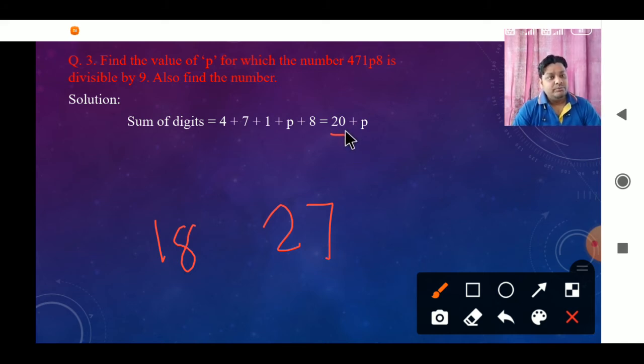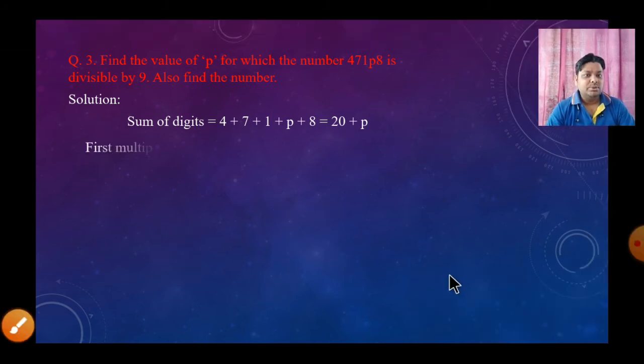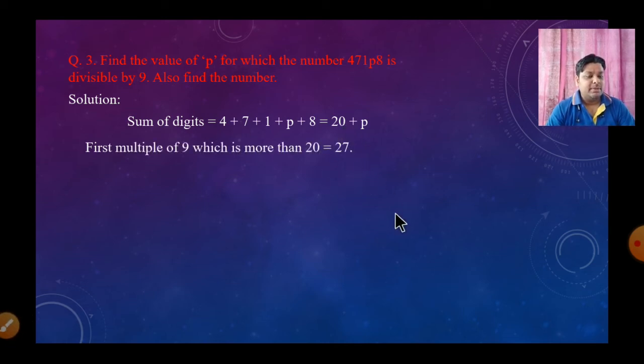So what will be the possible value of p to get 27? 20 is already there. It means if we add 20 plus 7, then it will be 27, which is divisible by 9. It means we can put the value of p as 7. So 27 minus 20 is equal to 7, clearly. So the value of p will be 7.